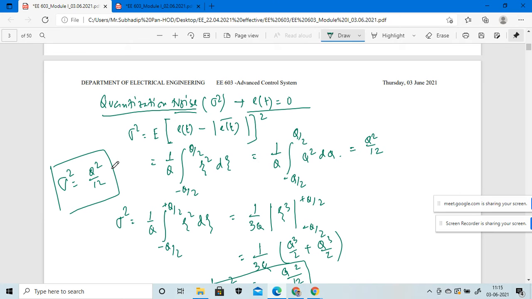If the quantization level q is very small compared with the average amplitude of the input signal entering the system, then the variance of the quantization noise is seen to be 1/12 of the square of the quantization level, 1/12 of q square. You should remember that. That is what we will discuss in this part.